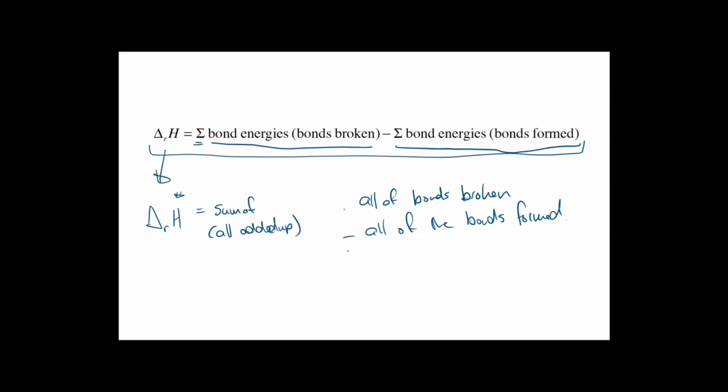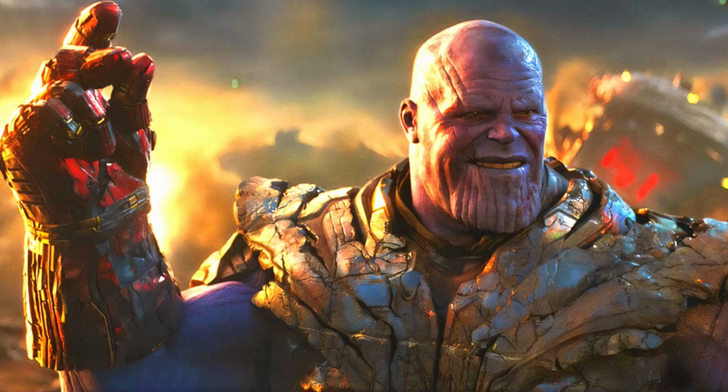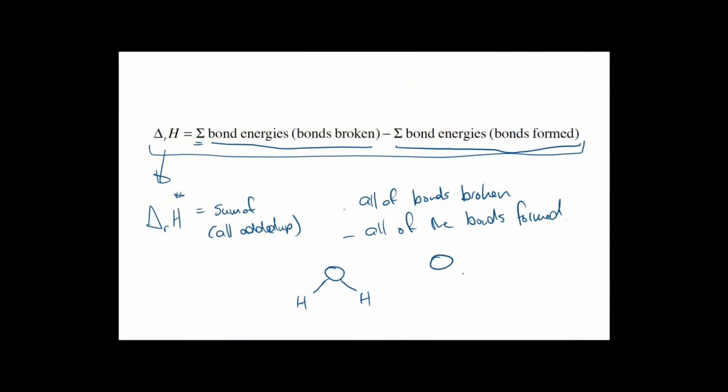Let's say that we have a giant water molecule. So we have our oxygen here and our two hydrogens there. Just say that we wanted to break this up like Thanos in the Marvel movies into an oxygen atom and two hydrogen atoms.